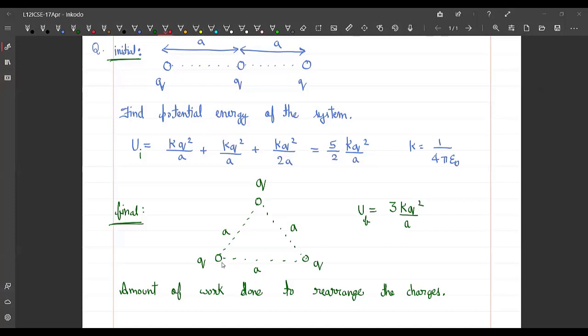What is the answer for this? Nihal, have you solved it? Apurav, can you tell me the answer?